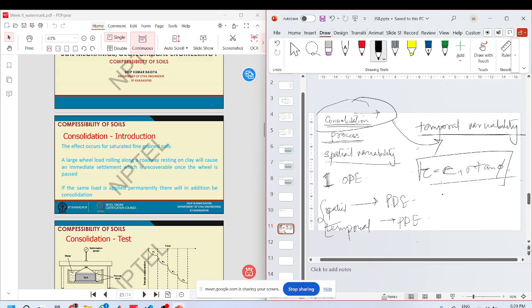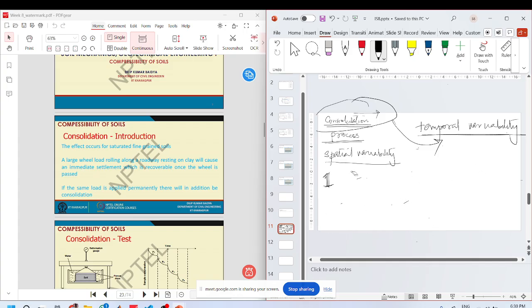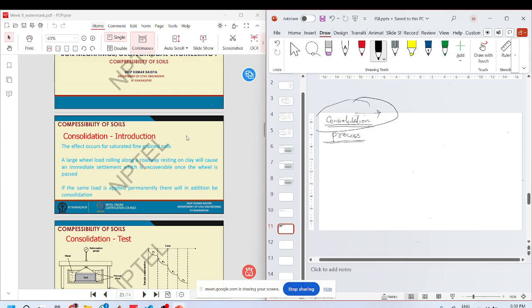You will always have a family of solutions that are possible because you are solving the partial differential equation, because the variability is present in space as well as in time, or space or time.